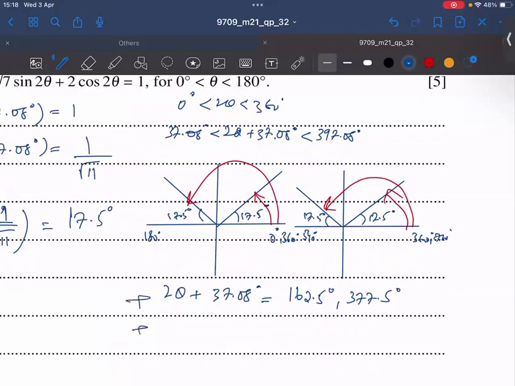Now, Mr. Bilal, from each of these two angles, kindly subtract 37.08 degrees. Yes sir, 162.5 minus 37.08, the answer is 125.42.